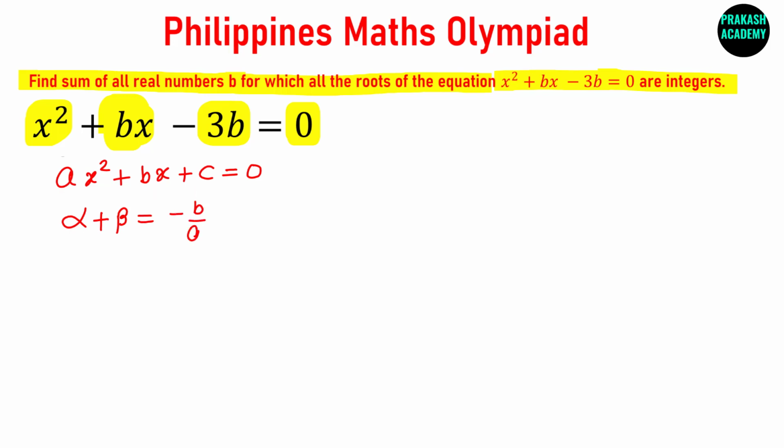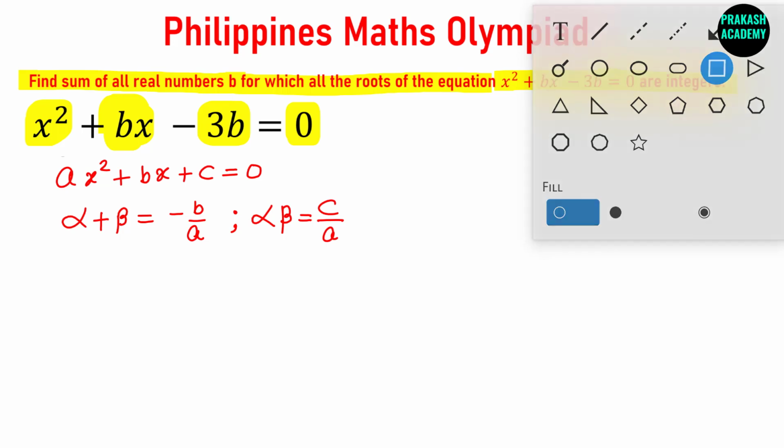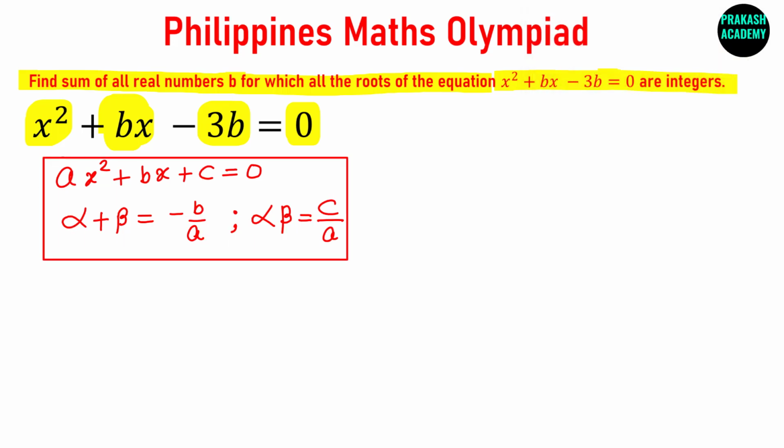So this is a well-known result. And the product of roots, that is alpha times beta, is equal to c by a. So this result you have to remember, then we can easily solve this problem. So let us say these two results are known to you, that is the sum of roots and the product of roots.